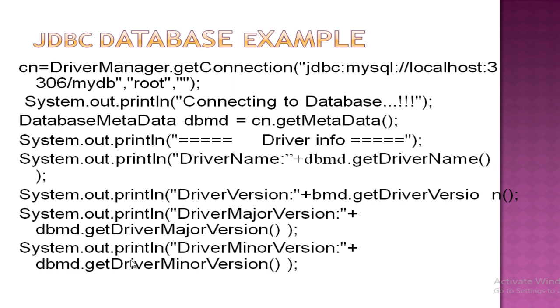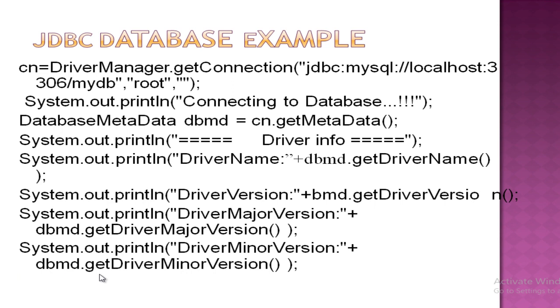then we write dbmd. See, the plus sign is used to fetch and write the data. Suppose we have defined a variable and we want to know its value, then in Java we use the plus sign. So this is about the plus sign.